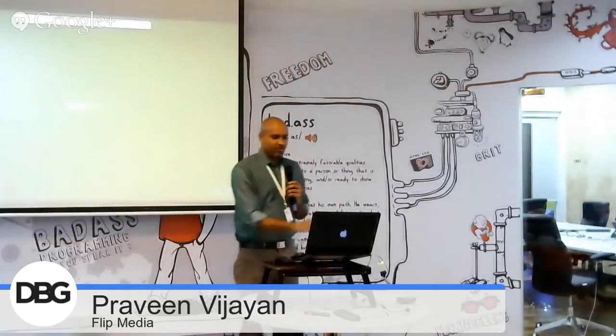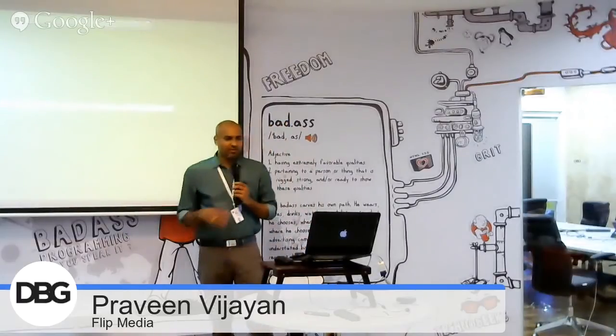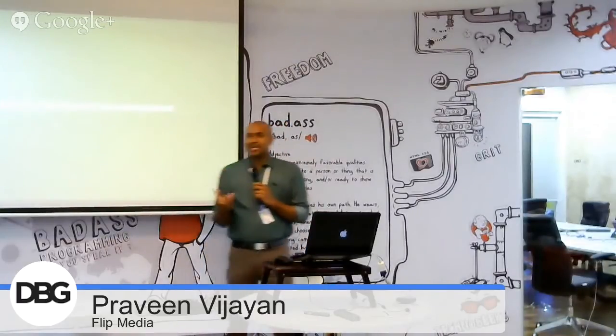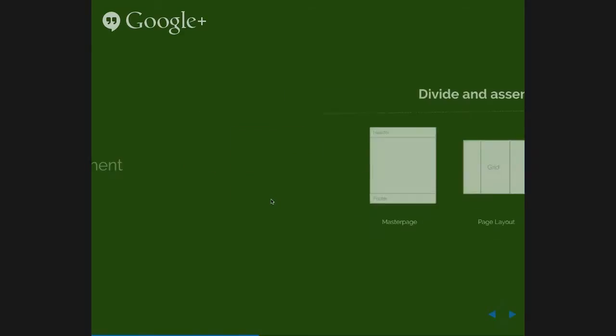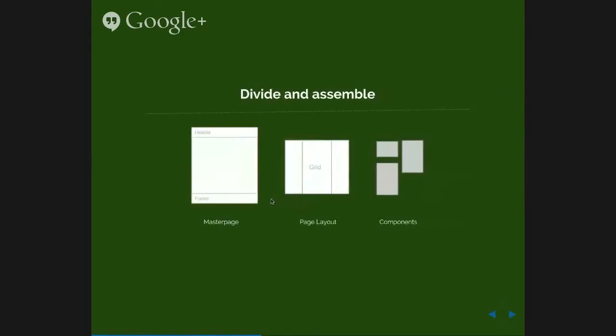Okay, so basically we use these technologies to create component-based development. In case of templates, we are dealing with different kinds of templates, and the number is huge actually. So we use a divide and assemble method. First we have to check how to divide our template.